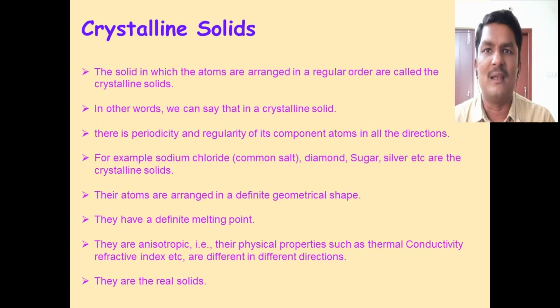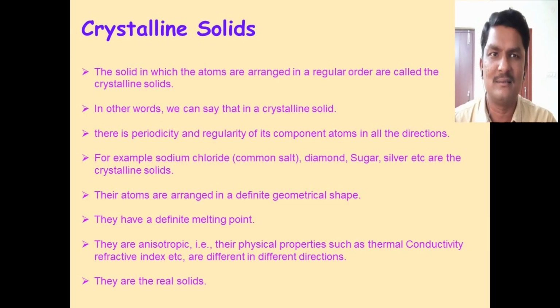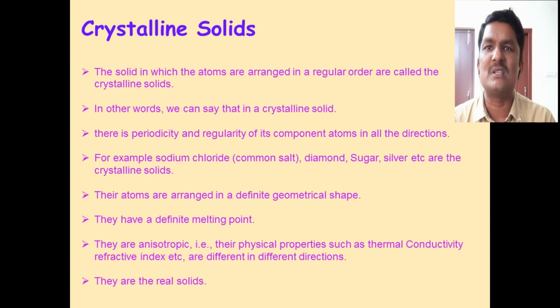For example, consider sodium chloride, common salt, or diamond, sugar, silver. All these are examples of crystalline solids. The examples of crystalline solids are sodium chloride, common salt, diamond, sugar, and silver.